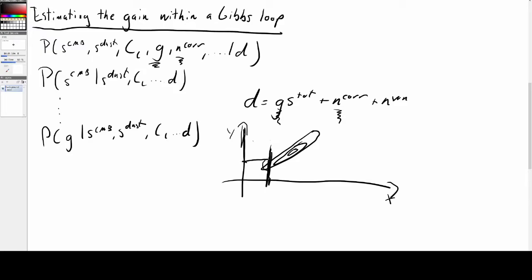And then when we are sampling x, we can only sample within this very narrow range, so maybe here. And again, poor drawing skills, but the point is we will move very slowly through the whole distribution when we do Gibbs sampling with two highly correlated parameters.